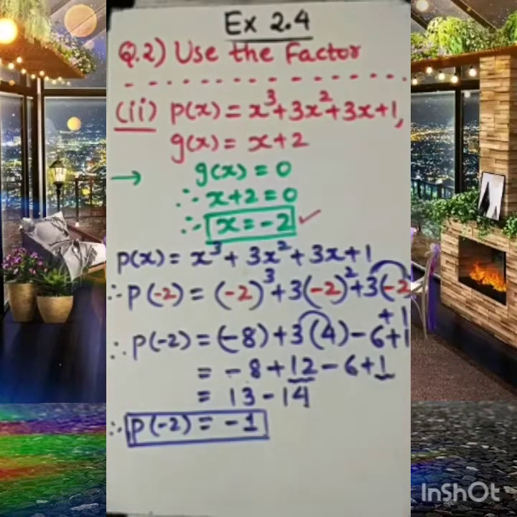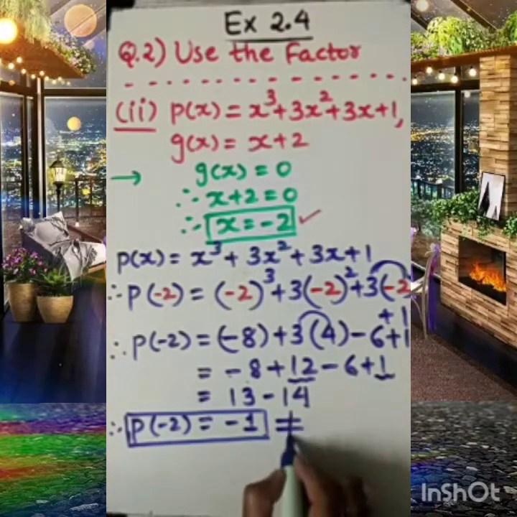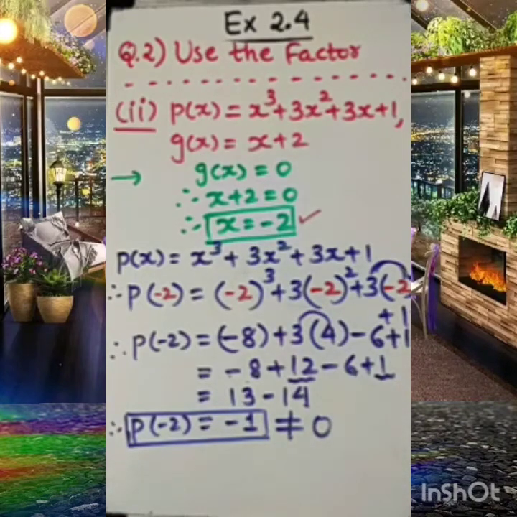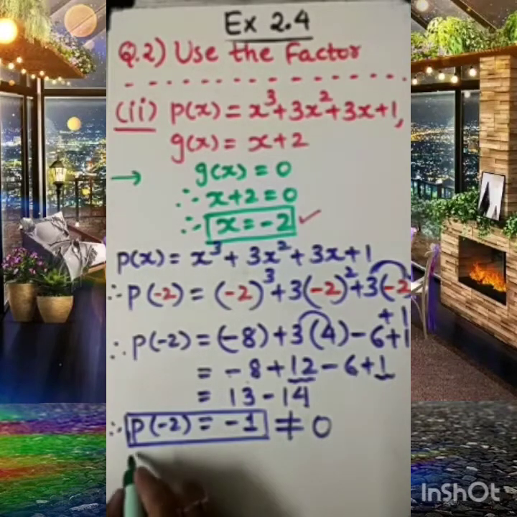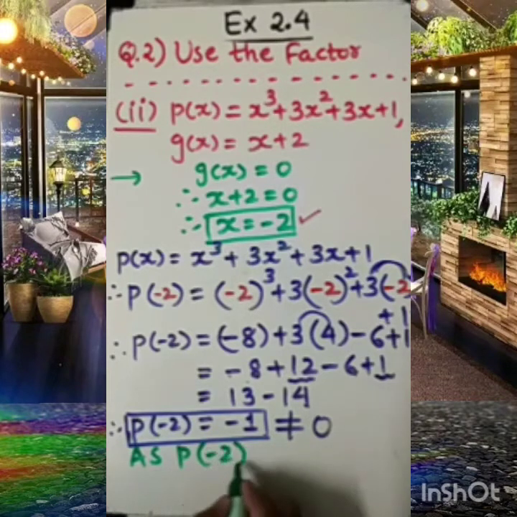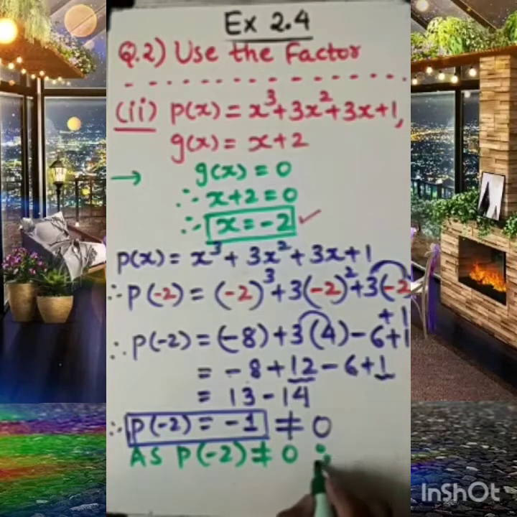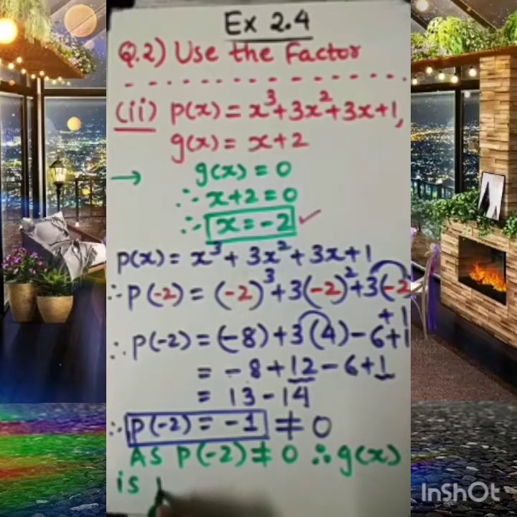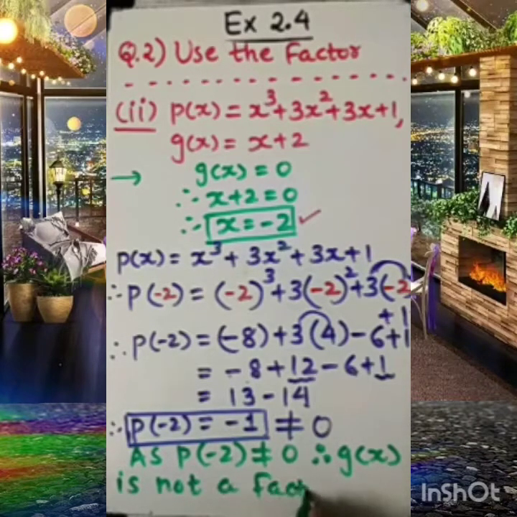And we know that it is minus 1, so it is not equal to 0. Means the value of p(minus 2) is not equal to 0. Therefore, we need to say g(x) is not a factor of p(x). This is the complete solution of the second part of question number 2.